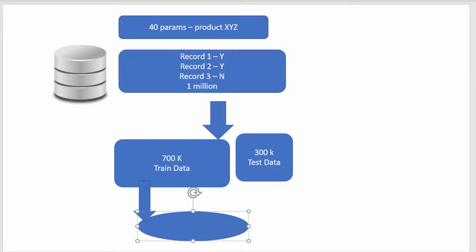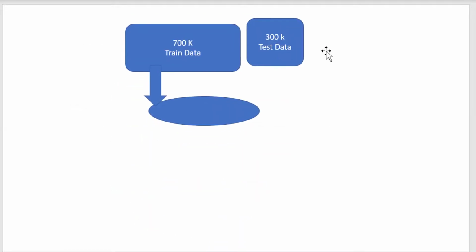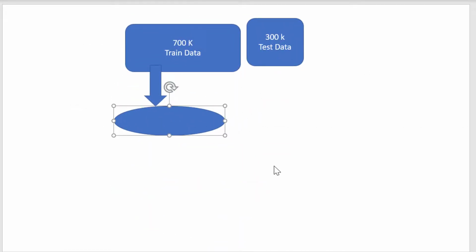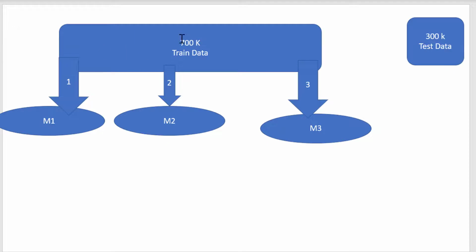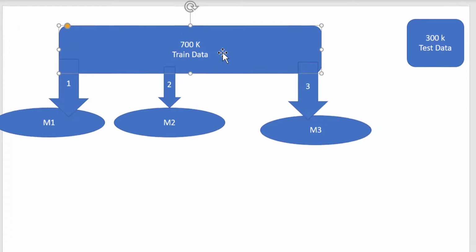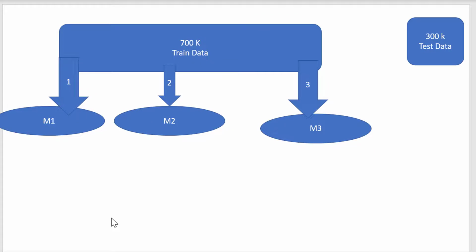Using n number of algorithms, I may generate n number of models. Let's assume I am using 3 algorithms to generate 3 different models. I use 700,000 records to identify the 3 models: algorithm 1 generates model 1, algorithm 2 generates model 2, and algorithm 3 generates model 3.